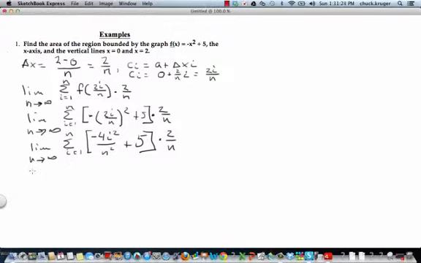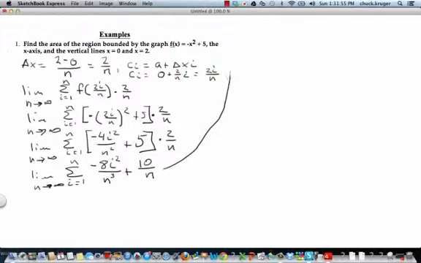So if I continue this, I now have the limit as n goes to infinity, summation of i equals 1 to n, and if I distribute this, I will get negative 8i squared over n cubed plus 10 over n. And so I'm going to break this up into 2 summations. I'll get myself more room if I write it right here.